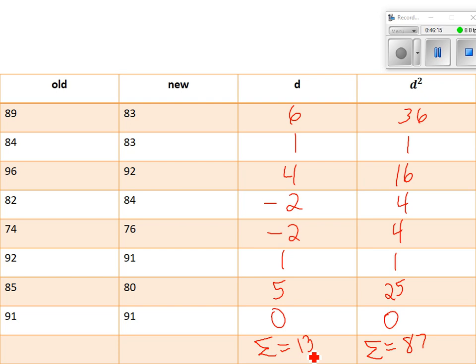So what was that? 87. 87 minus the sum of all the D's in parentheses squared, so that'd be 13 squared divided by n, which is 8. Remember, n is 8, df is 7. Divided by 8 minus 1.